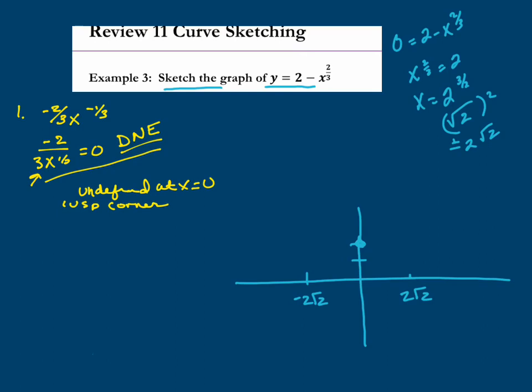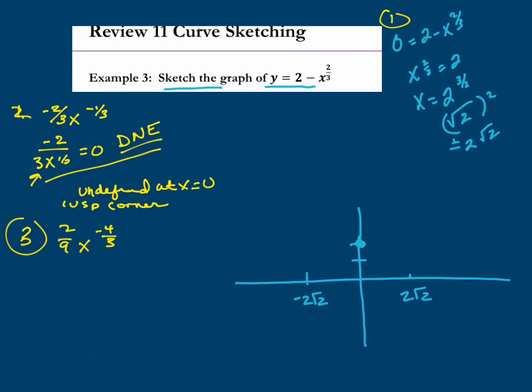Let's look at number 3, or this was the first thing you're supposed to do. This is the second, and so this is the third. Second derivative is, okay, that would be 2/9 positive x to the negative 4/3.